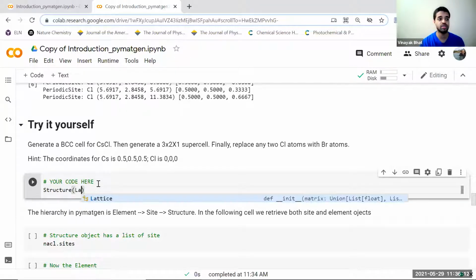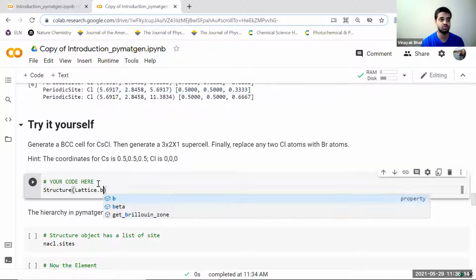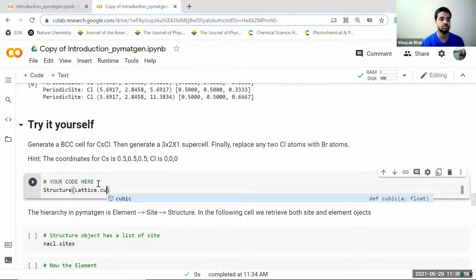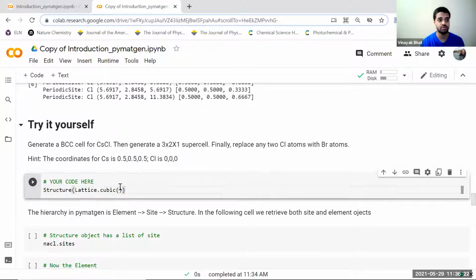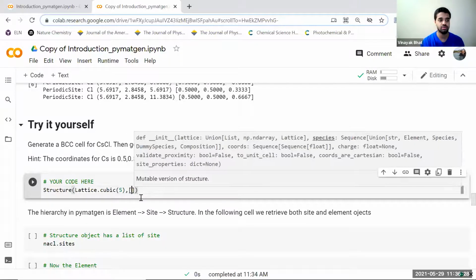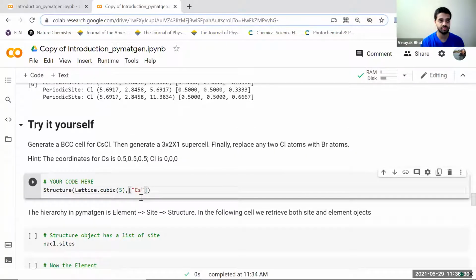So here we would need lattice dot cubic. You can generate a cubic lattice of any value, let's just say 5, and then we need to pass in the elements.